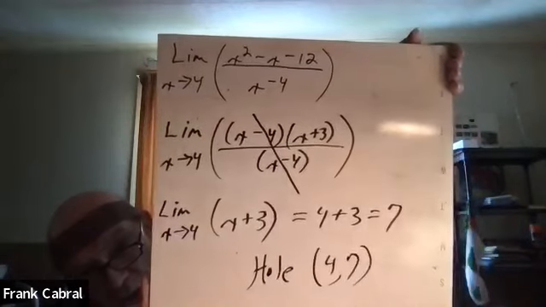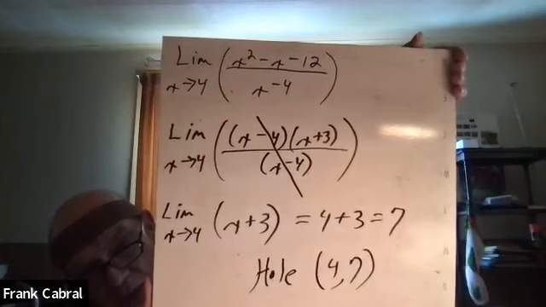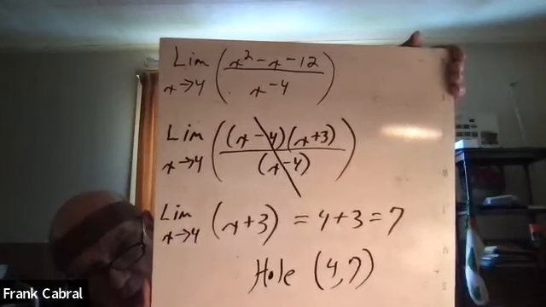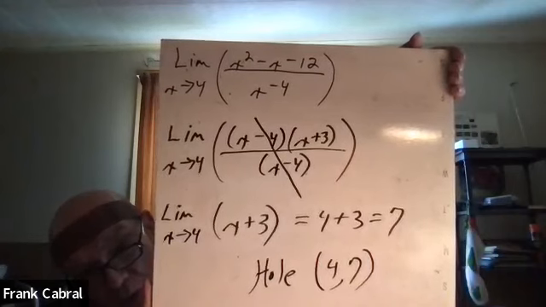I then used this algebraic method, and I got 7 as the limit. And then I can verify by substituting that the limit actually is 7. And that means that there's a hole in this function at (4, 7), that is, 4 and 7 being the x and y coordinates. So this concludes an introductory video covering 2.1 and 2.2.